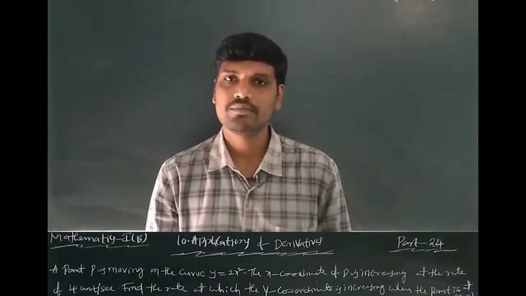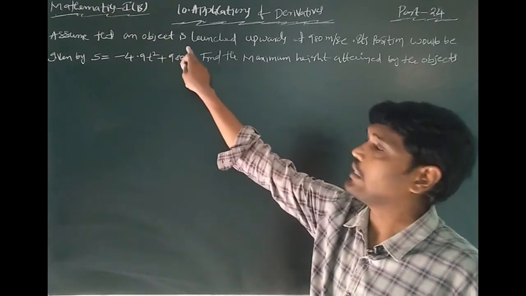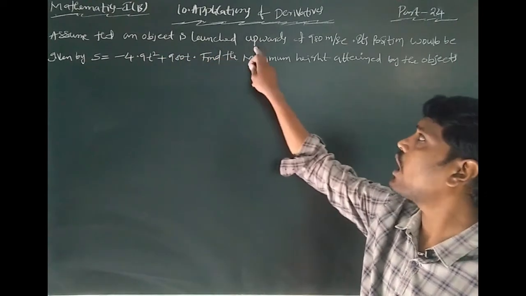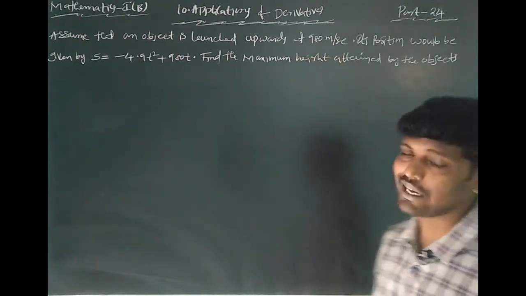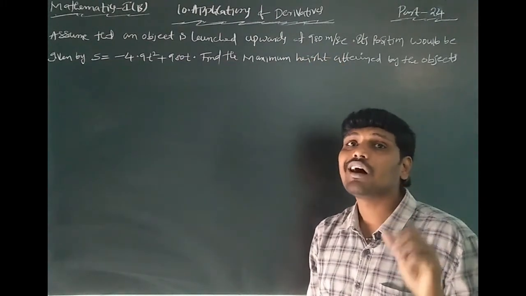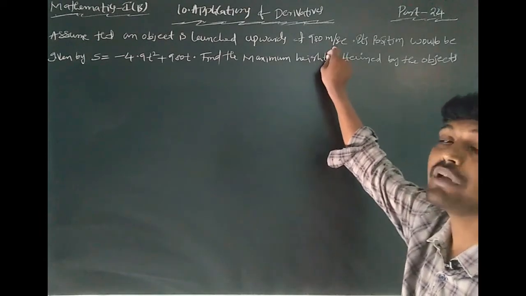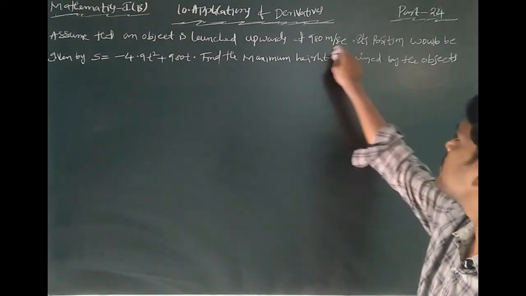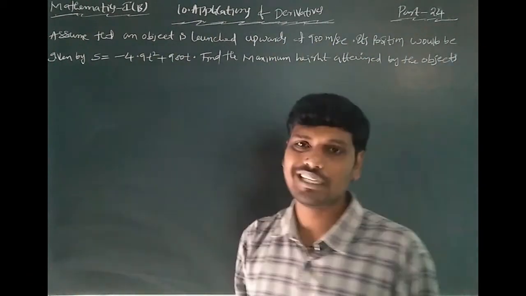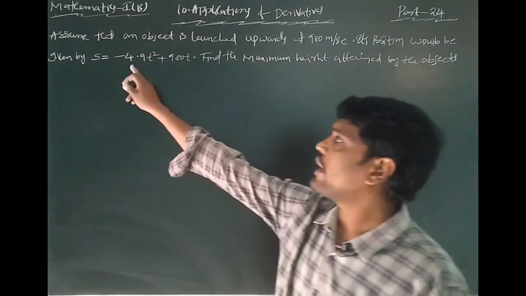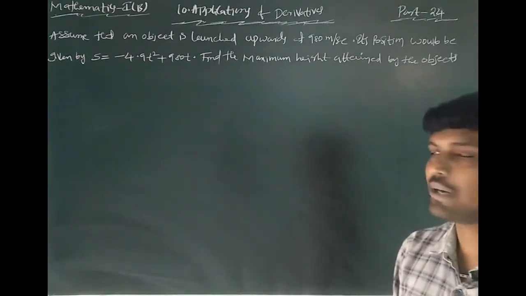Next problem is, assume that an object is launched upwards at 980 meters per second. One object is launched upwards at the rate of 980 meters per second. Its position would be given by s is equal to minus 4.9 t square plus 980 t.